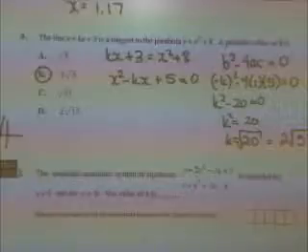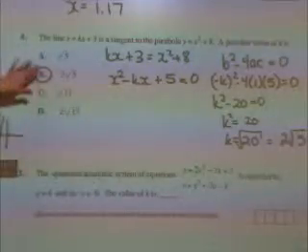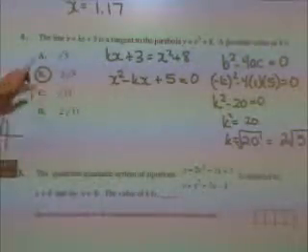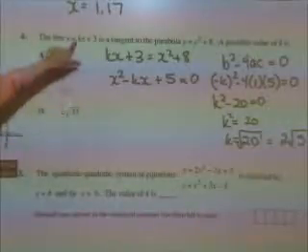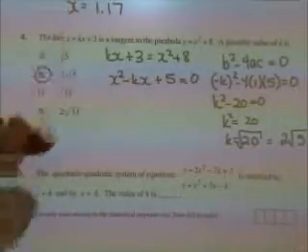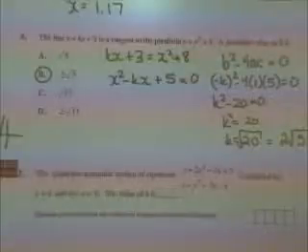Other ways that you could solve this question: you could have substituted each of these values in for k, and then graphed all 4 results to see which one showed a tangent line to the parabola. It's time consuming, but it could have been done.